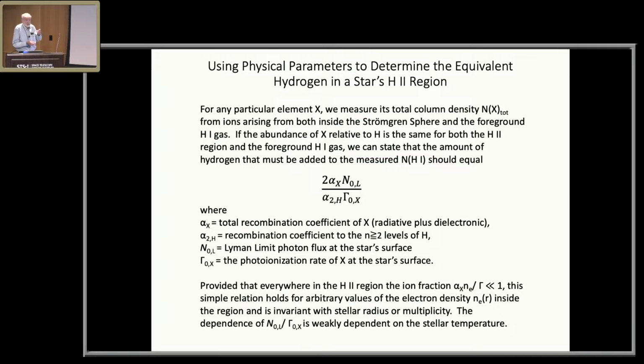It is also valid if you have multiple stars in the H2 region, and the dependence upon the star's temperature is very weak, because the ratio of those two quantities doesn't vary much as you change the stellar temperature. So this is a nice way to do a global correction, but it only works if this quantity is much less than 1. That is, the singly ionized is much less than doubly ionized. You can do it when this inequality doesn't hold, but it's more complicated.